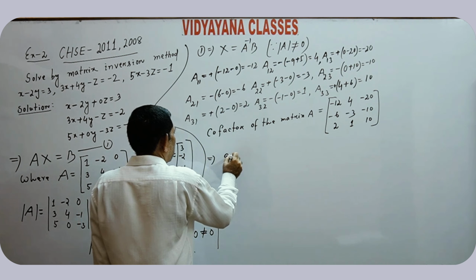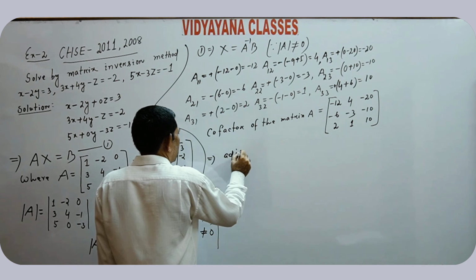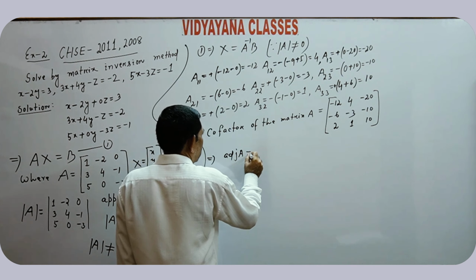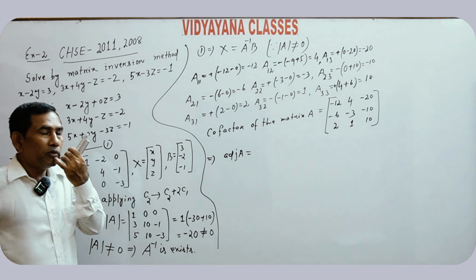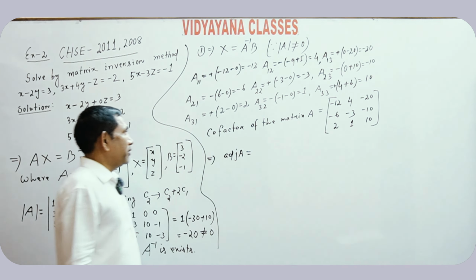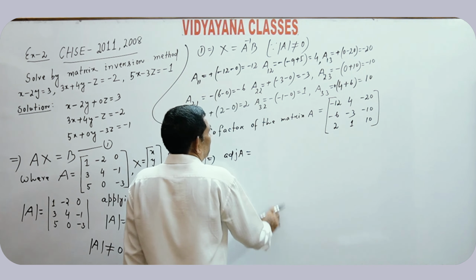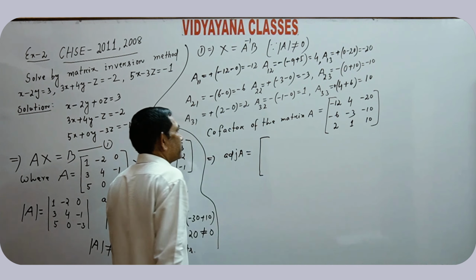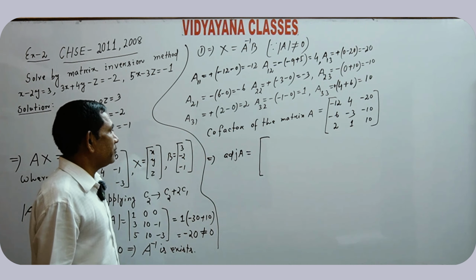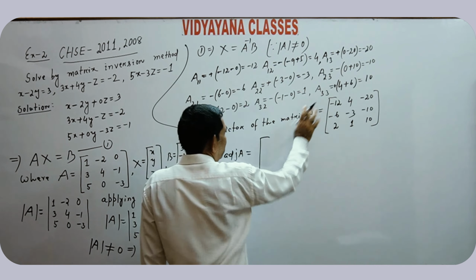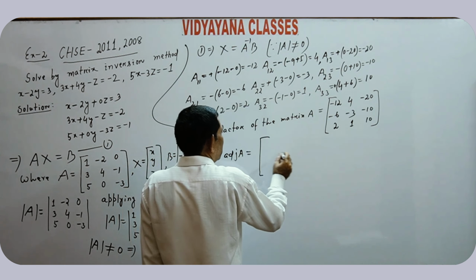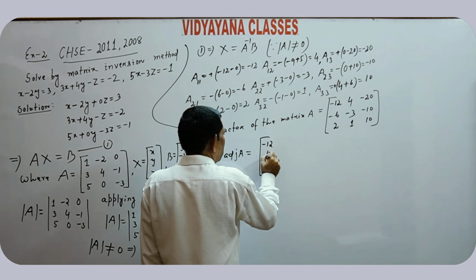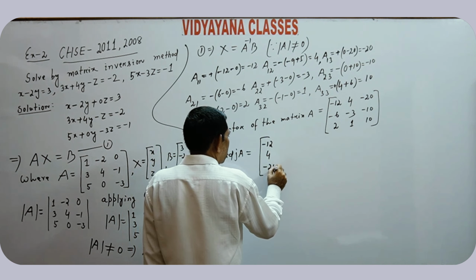This implies the adjoint of the matrix A, that is the transpose of the cofactor matrix. Transpose of cofactor matrix: minus 12, 4, minus 20.